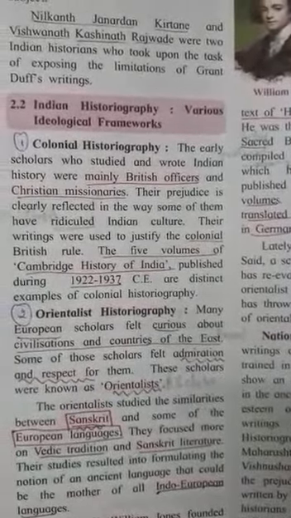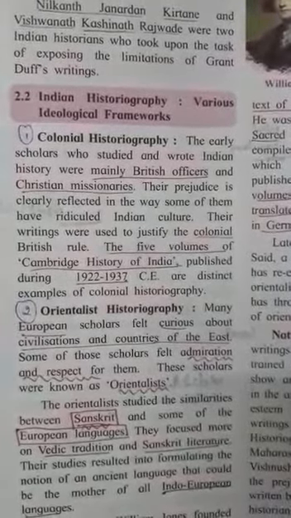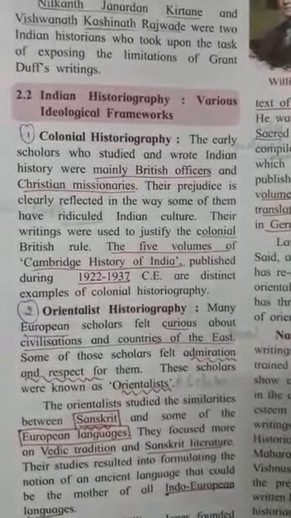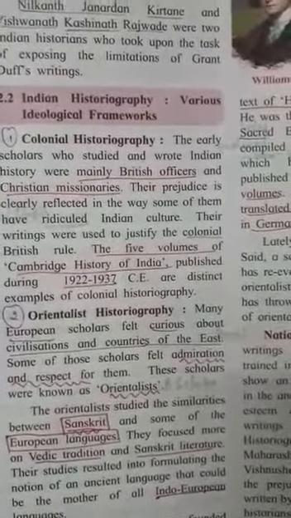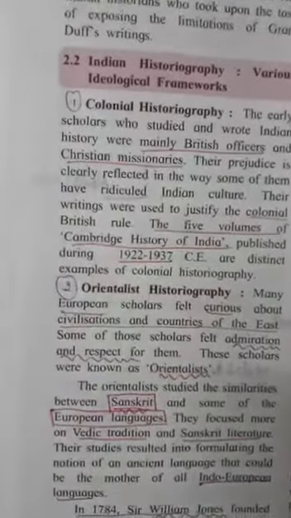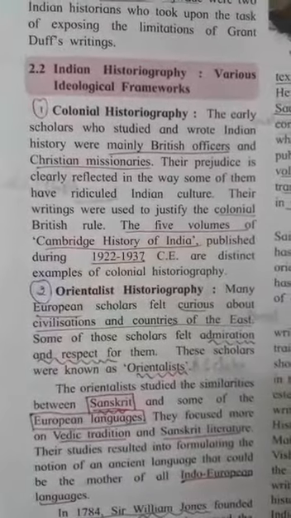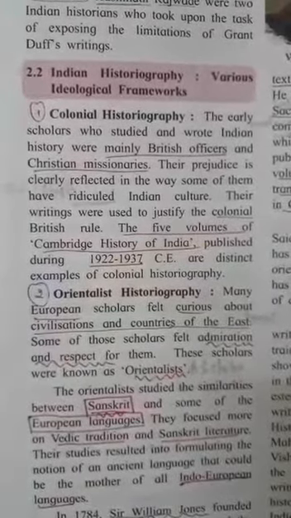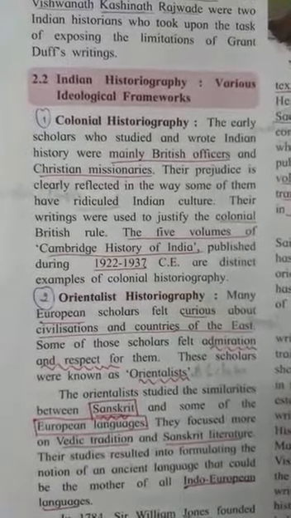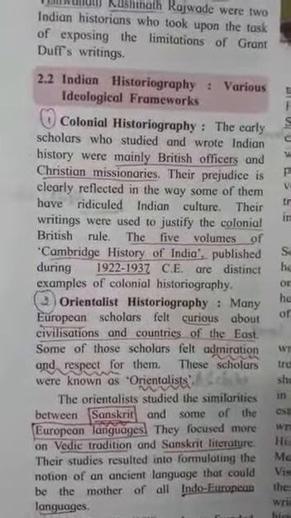The 5 volumes of the Cambridge History of India, published in 1922 to 1937 CE, show the British colonial rule and its goodwill. That means in 1922 to 1937, the British people wrote in their Cambridge History of India about the British people only.